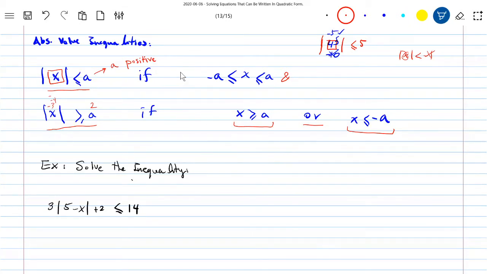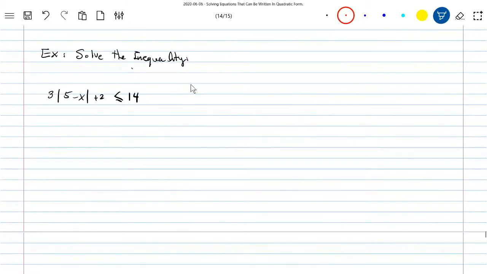Let's do a couple of examples, and we will see how to solve these. First example is 3 times absolute value of 5 minus x, plus 2, less than or equal to 14. What do you do originally? If it was an equation, you always try to isolate the absolute value. So I'm going to do exactly the same thing. Let's subtract 2. I can do that.